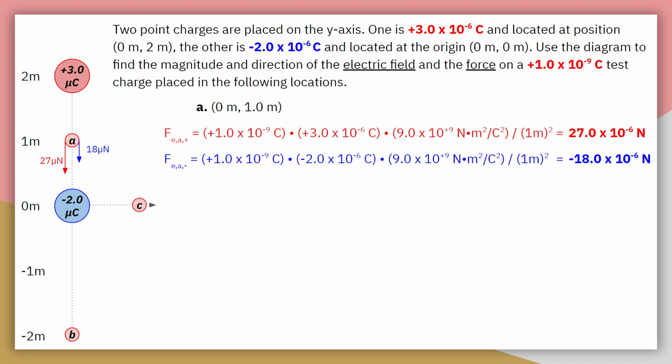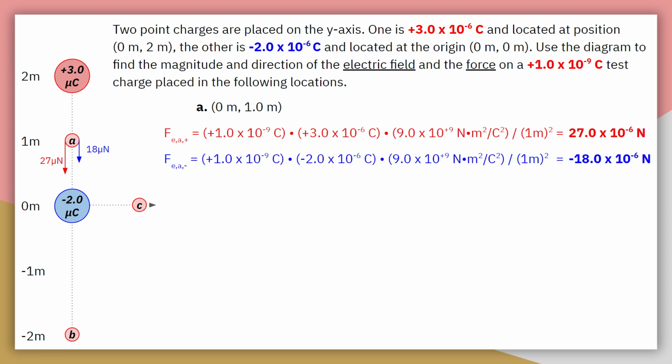I did the same thing by making it not to the negative 5th power, but to the negative 6th power. So the value I got was negative 18.0 times 10 to the negative 6th newtons of force, which, because that's an attractive force between these 2 points, also results in a downward force vector of 18 micronewtons.